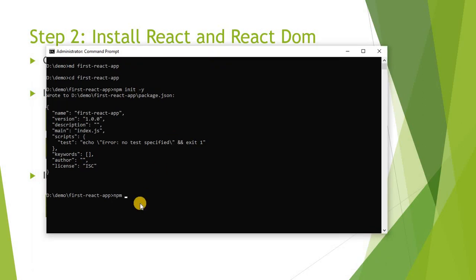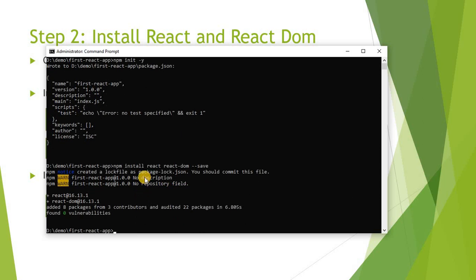So in the command prompt, simply type npm install react react-dom --save and press enter. It installs React and React DOM locally because we don't use -g.